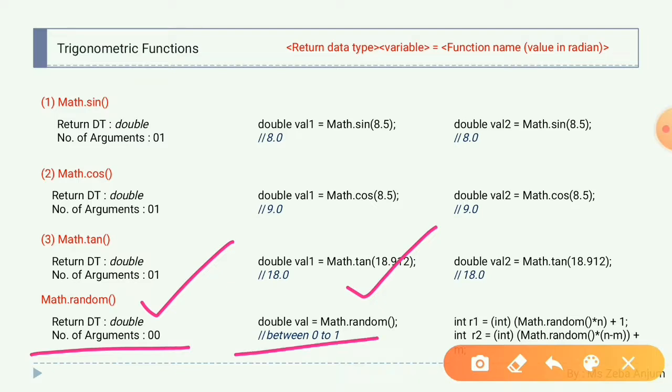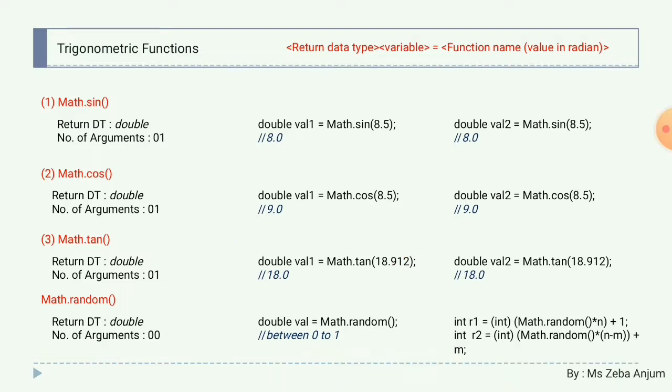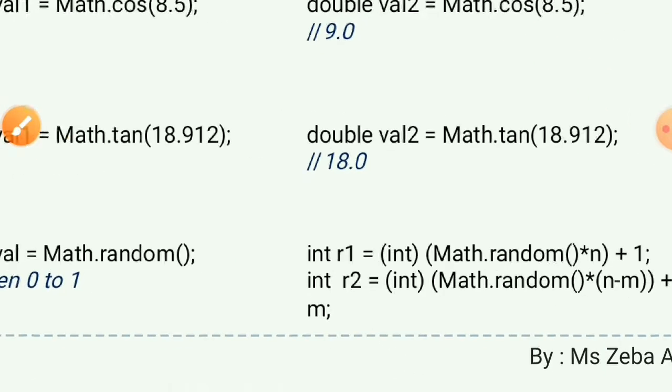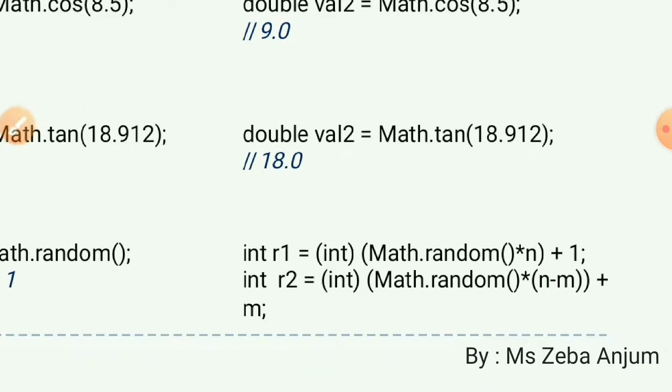Okay, so this function is basically designed to give you a mathematical double random number between your 0 as well as 1, and we can modify this function to find out the random number between any two numbers. So again we are going to see how we are going to modify this function. See over here these two values.